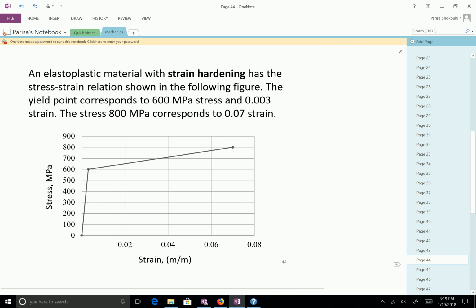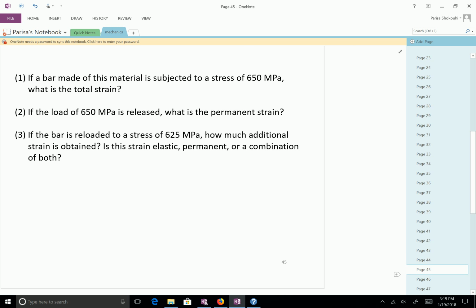So before letting you go, I want to explain a little bit how to solve this problem, because I want you to work on it before coming on Monday, so you have already worked on it at home. This is a stress-strain diagram, and there are 3 questions asked.